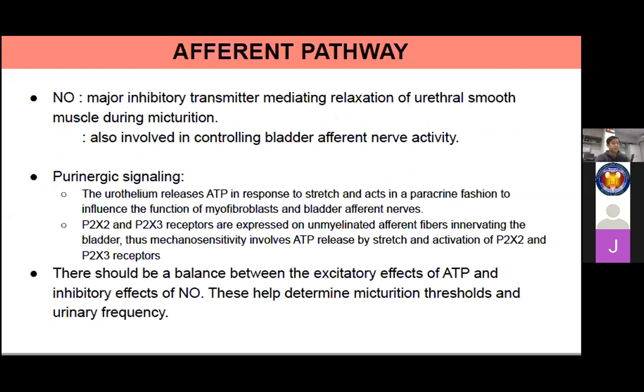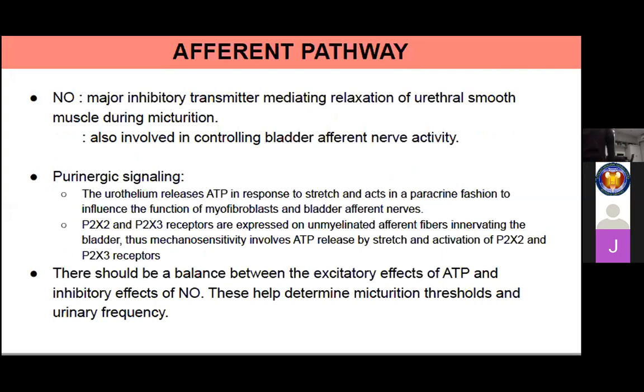So the nitric oxide, it's a major inhibitory transmitter that mediates relaxation of urethral smooth muscles during micturition. It's mainly involved in controlling afferent nerve activity. So the purinergic signaling, the urothelium releases ATP in response to stretch.